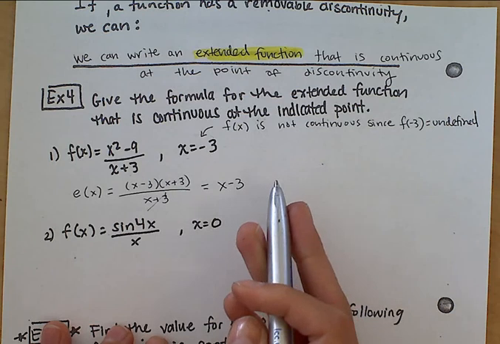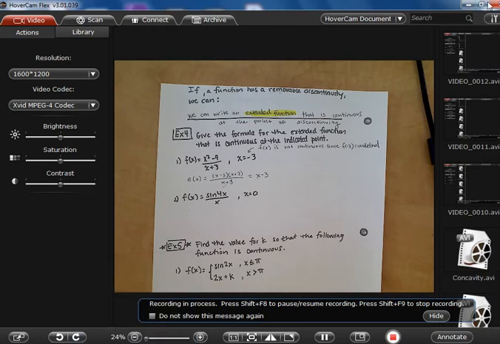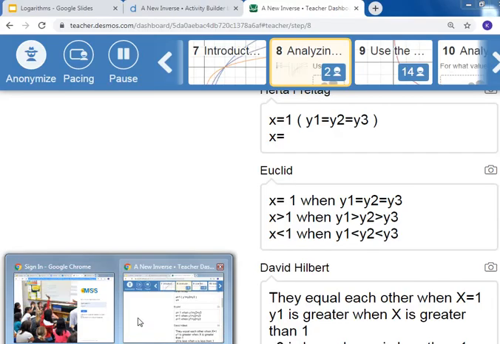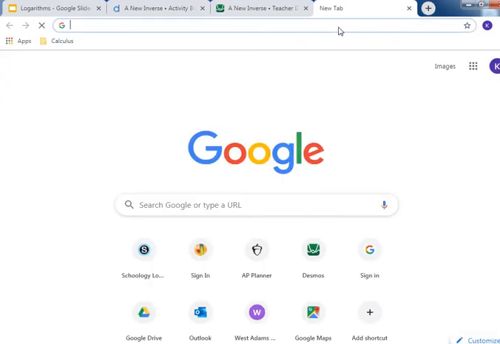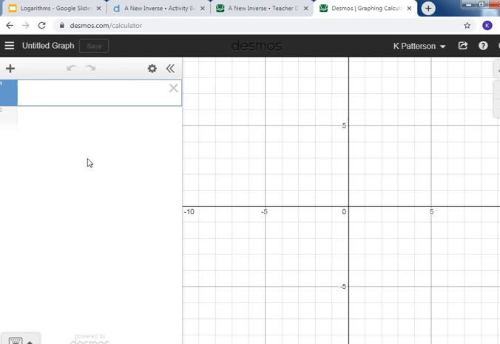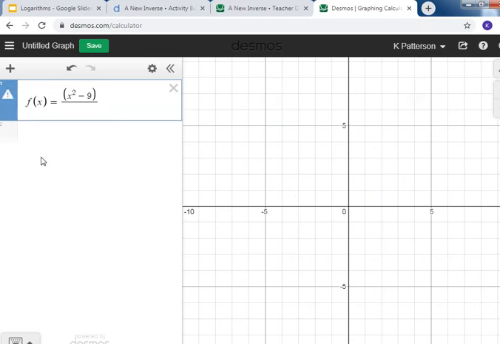Okay? And just so you can get a visualization of this, I'll open up Desmos and show you what the graphs of both of them look like. So our original f of x was equal to x squared minus 9 divided by x plus 3.